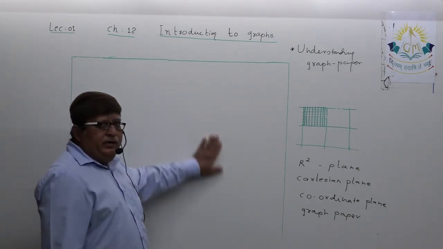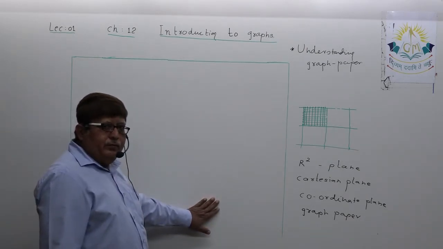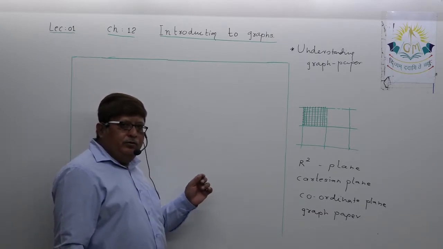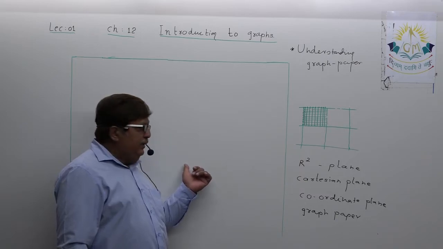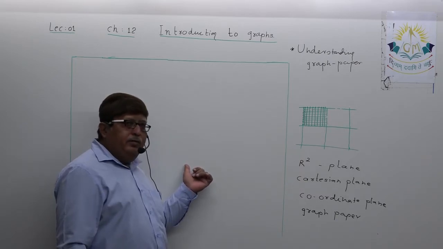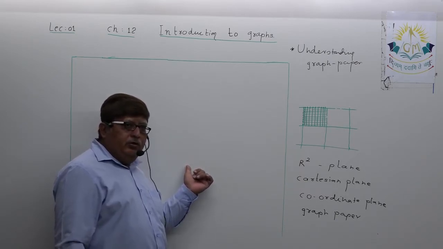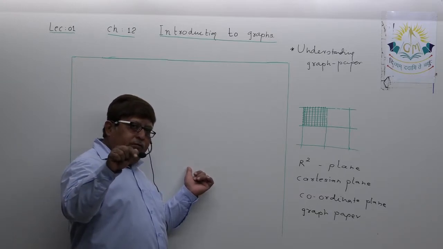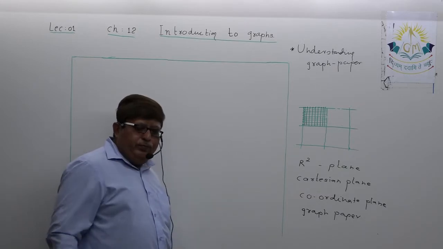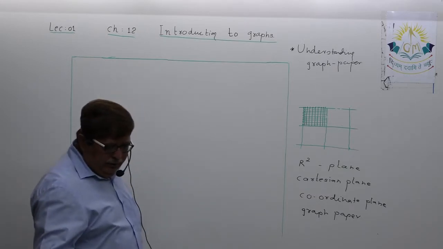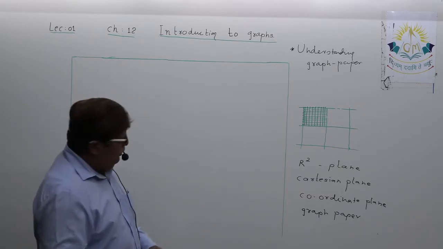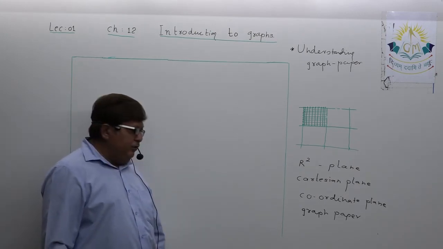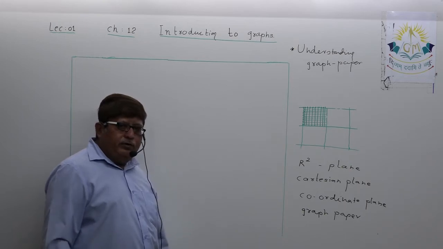This is my graph paper. Whatever work I am going to do, that is to be done here by me on the board, but you will do the same with me on the graph paper you have. Okay, so dear student, coordinate plane, R2 plane, Cartesian plane, graph paper, whatever.